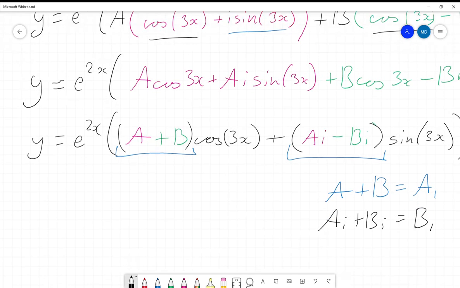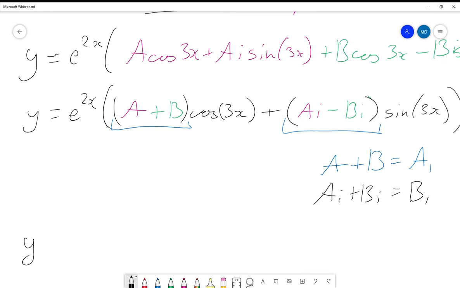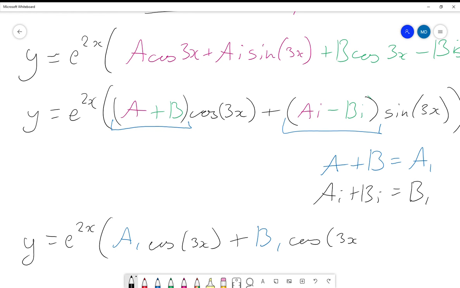And now I can write this as y is equal to e to the 2x lots of a1 cosine of 3x plus b1 sine of 3x.